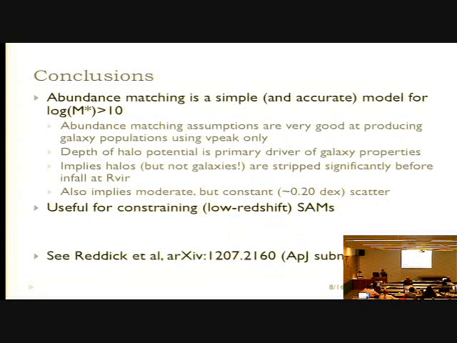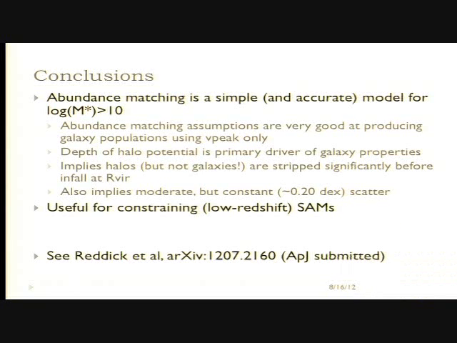Okay, so just to throw the conclusions up here, basically at least down to around 10 to the 10 stellar masses, abundance matching is simple, accurate. It works, but only if you use this V-peak for the abundance matching. And this measure of the depth of the potential well is the main driver of the galaxy properties.